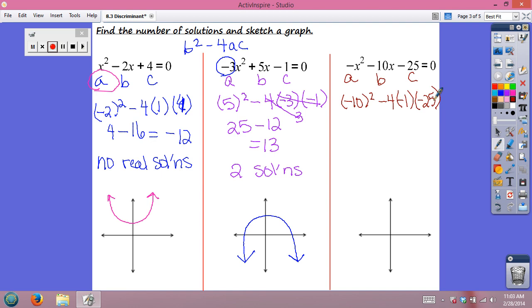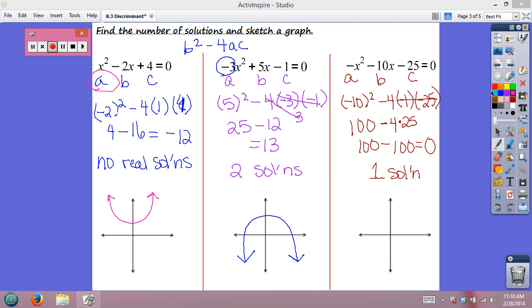Negative 1 times negative 25 is a positive, so this will give us a positive 25, times 4, and we still have our minus here. Negative 10 squared will give us a positive 100. That will give us 100 minus 4 times 25, which is 100, so our answer is 0. And if our answer is 0, we know from our notes that we get one solution.